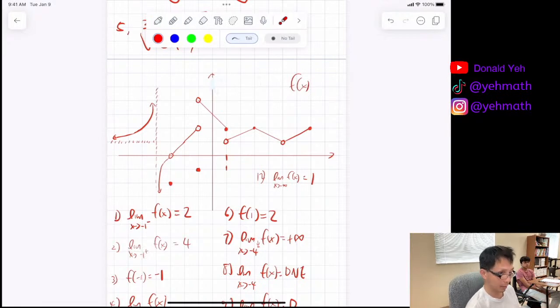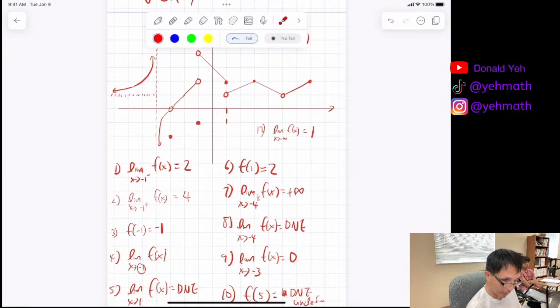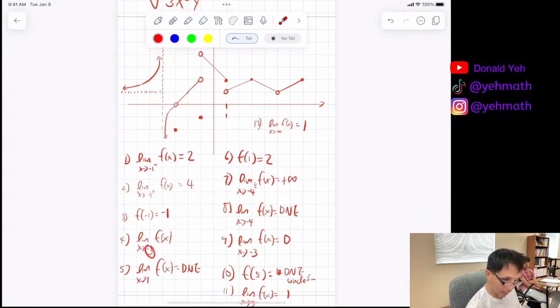Yes. Can you go over 4 and 5? Number 4 says -1. Limit approaching -1 does not exist, because if you reach from both sides, -1 is going to be 2 and 1 is going to be 4.